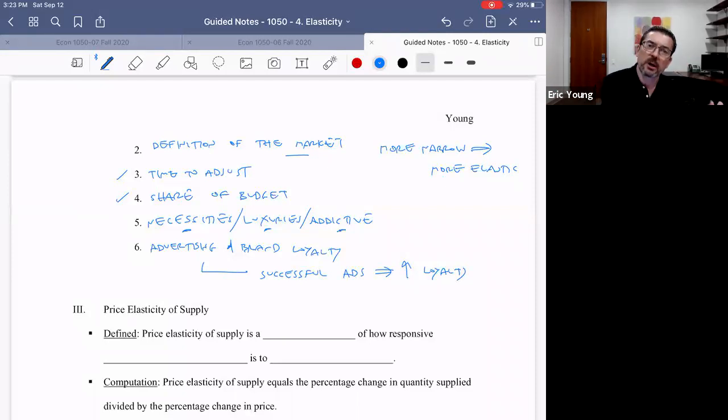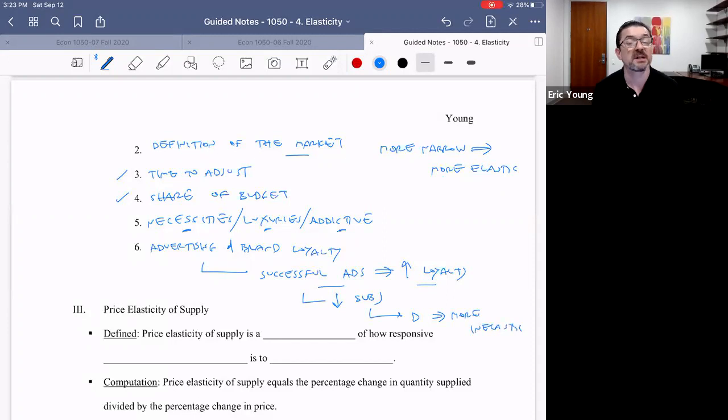You're going to be more loyal to Coke, and because there's less perceived substitutes, Coca-Cola will be to you relatively more inelastic, and that will give Coca-Cola a little degree of pricing power over you. Okay, so we believe that successful ads will increase brand loyalty. This will lead to a lower perception of substitutes, and this in turn will lead to demand becoming more inelastic.